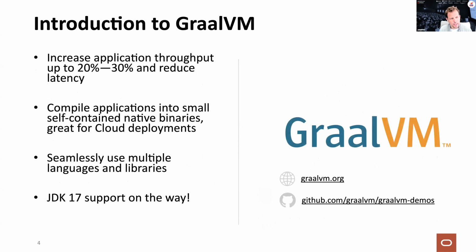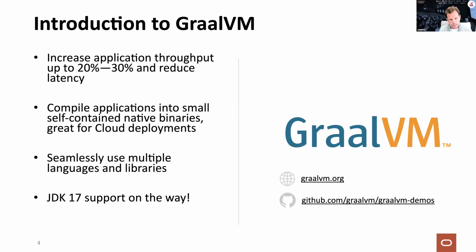So for those of you who haven't heard of GraalVM, it's a new virtual machine out of Oracle Labs that plugs into the existing OpenJDK's JIT, and in JIT mode is able to increase application throughput between 20 to 30% and reduce latencies for certain kinds of workloads. And it's also able to compile your applications into small self-contained native binaries, which is great for cloud deployments.